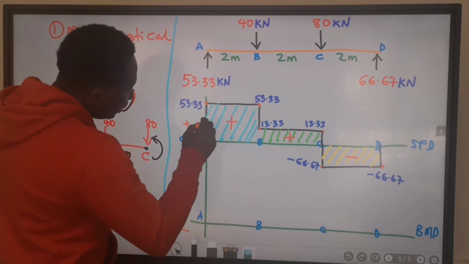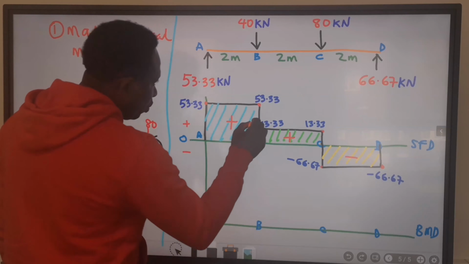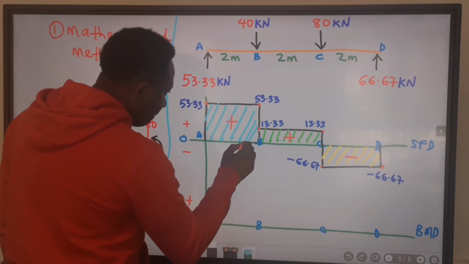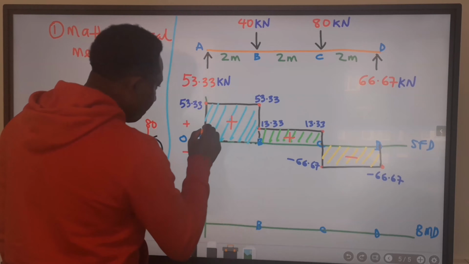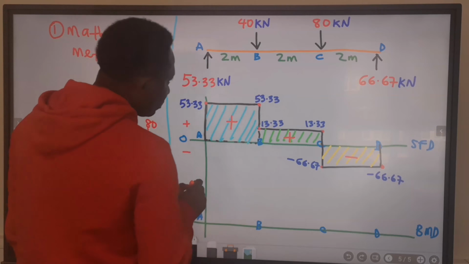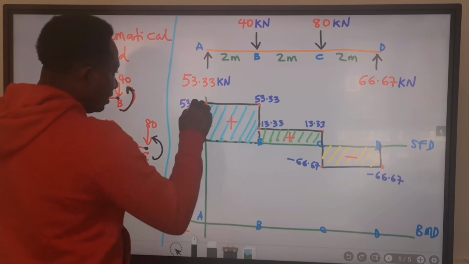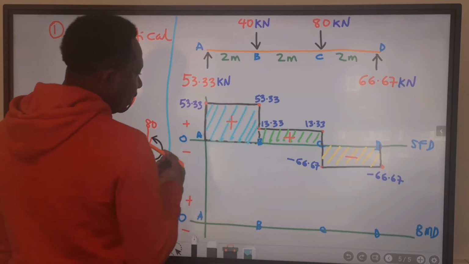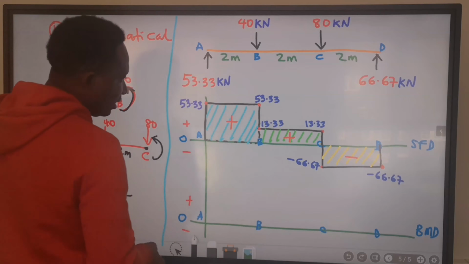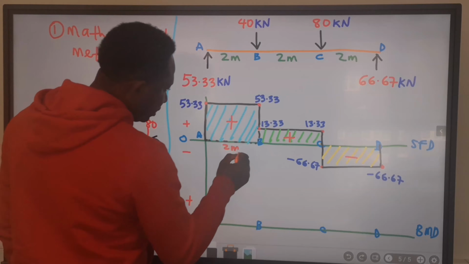Next, let us find the area of this shaded portion, which is just only here. The area of this is length times the breadth, or length times the width. From A to B is 2 meters.